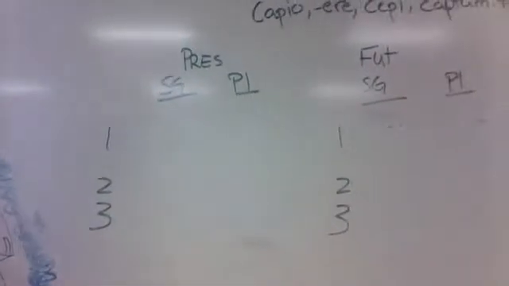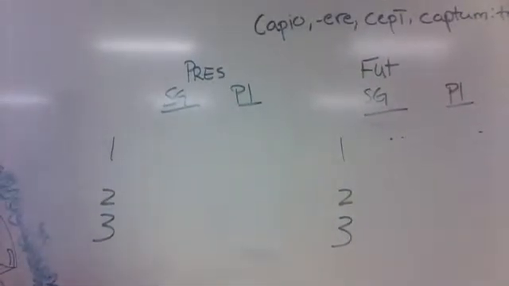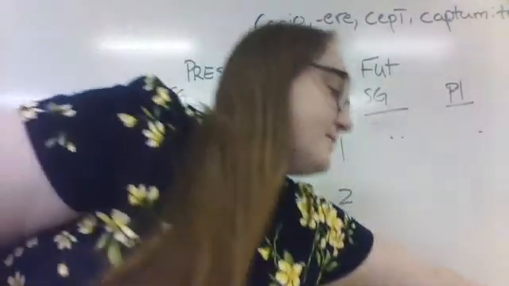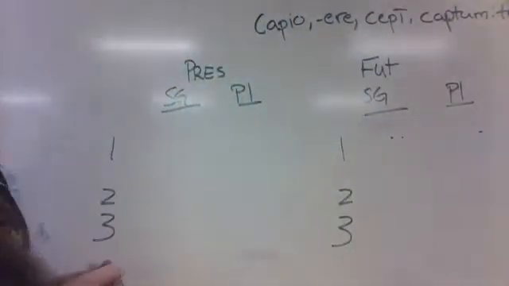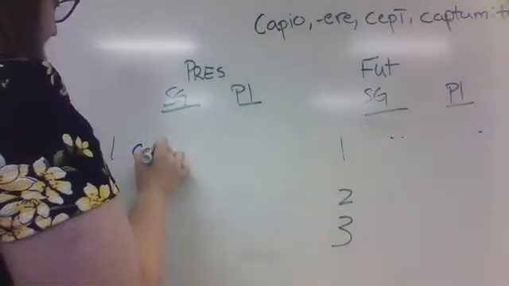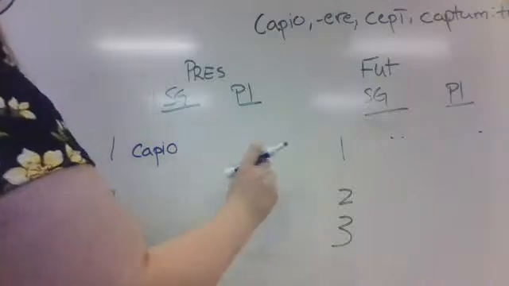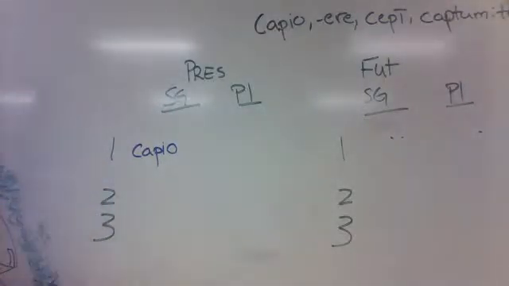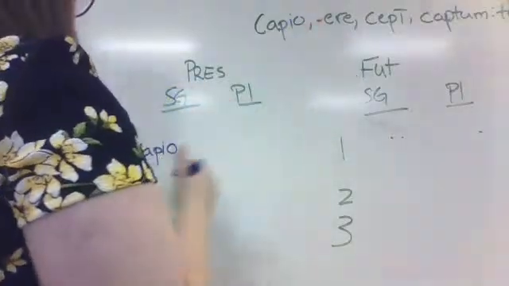So, like always, for present tense, what is the first thing that you do? You plug it exactly in. What is the second thing that you do? Now, remember, this is third conjugation. So, we're going to go get our stem.